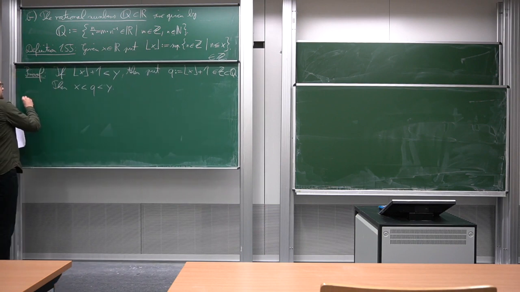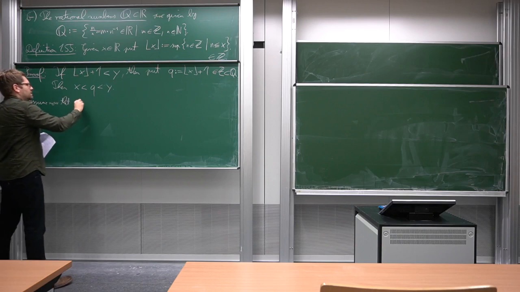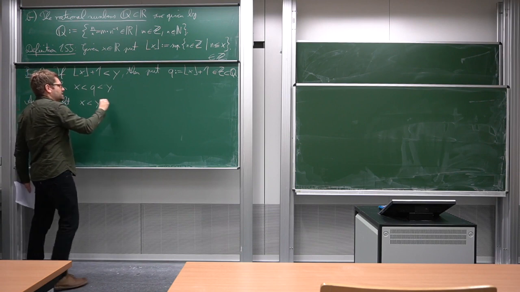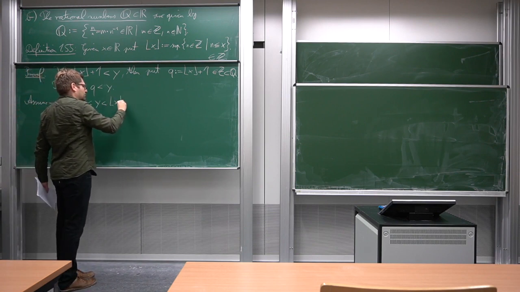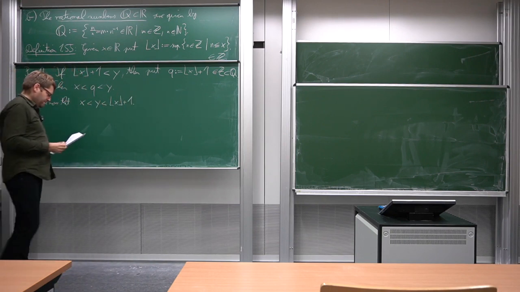So now we come to the other situation. Assume now that this doesn't hold, and this means that x is smaller than y, and y is smaller than the floor of x plus 1. So this would mean they're quite close to each other.